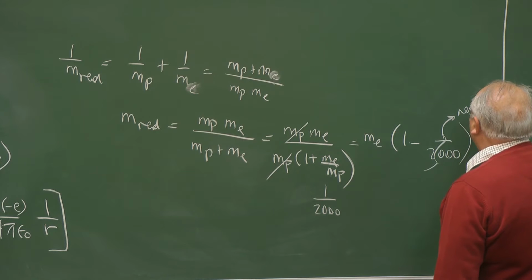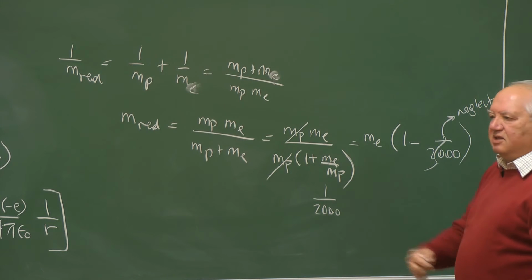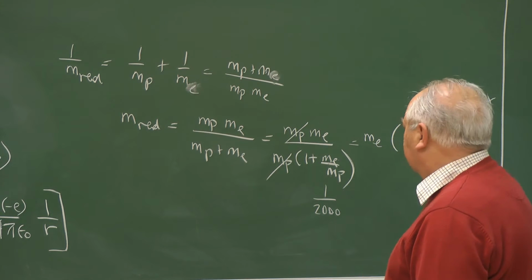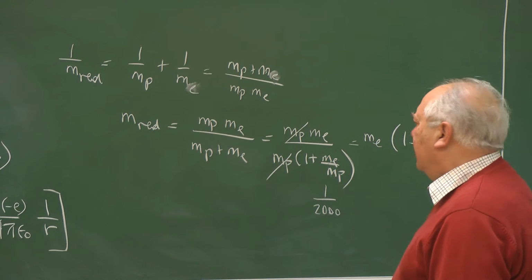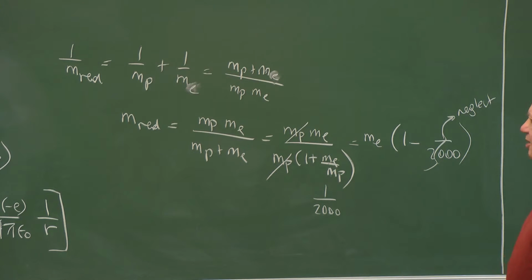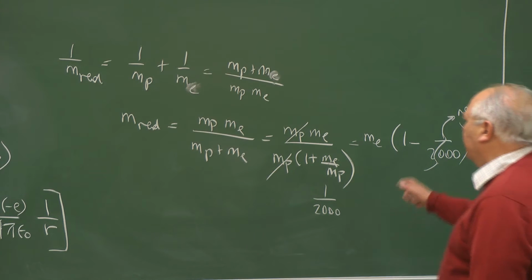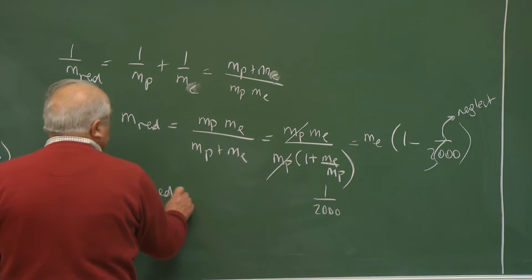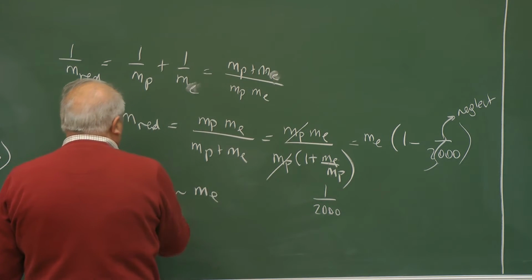Of course, if you increase the sensitivity of your measurements, of your experiments, then you have to look at the smaller details. But let us look at the dominant aspects of the hydrogen atom. So we simply say this m reduced is m electron.